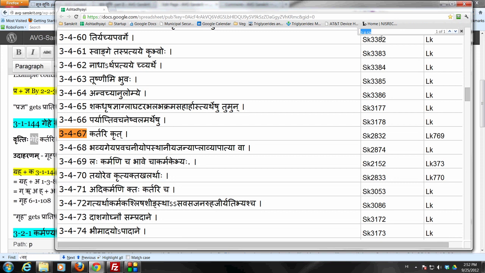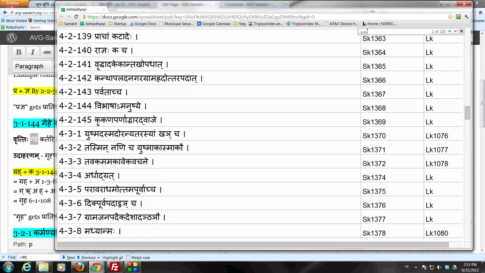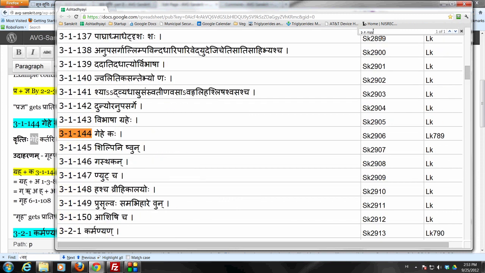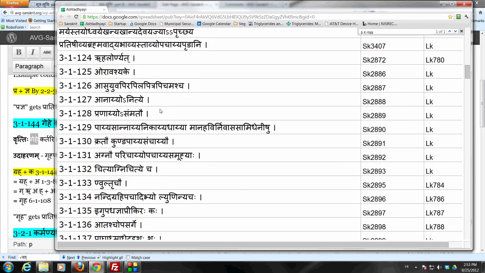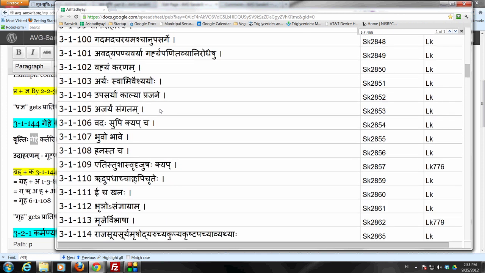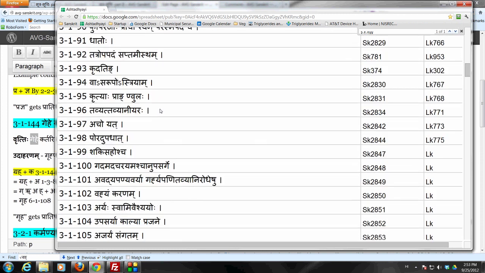So we will not be able to derive the standalone pratipadikam graha unless we interpret this gehe as not referring to a upapadam, but instead giving us the artha nirdeshaha. So this gehe is not the saptami in the sense of tatropapadam saptamistham.